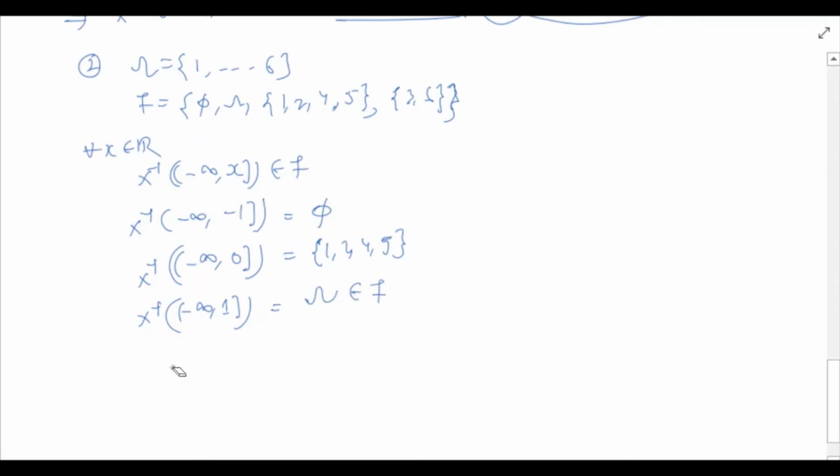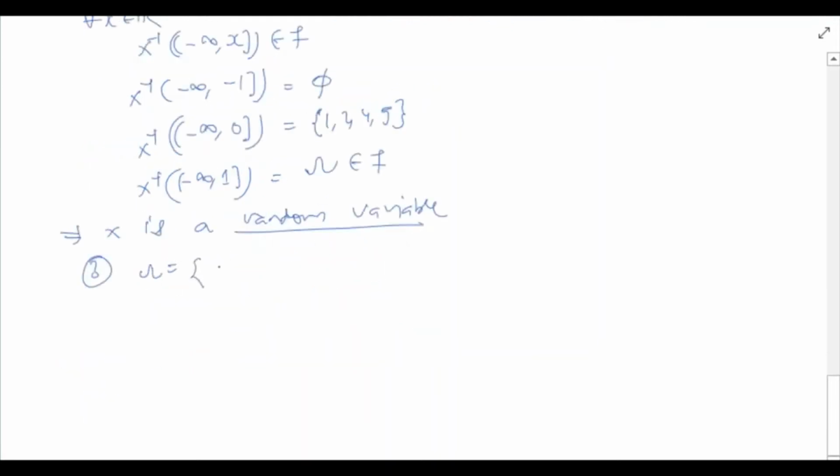In the same way, we can check that the pre-image of any set of the form (minus infinity, x] will be an element of the event space. So X is a random variable. Let's consider yet another example.